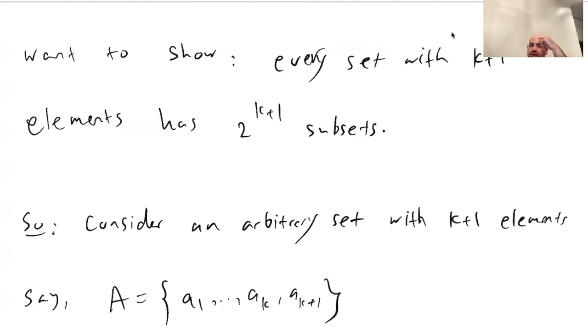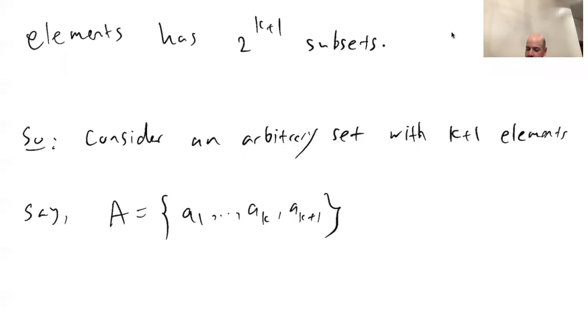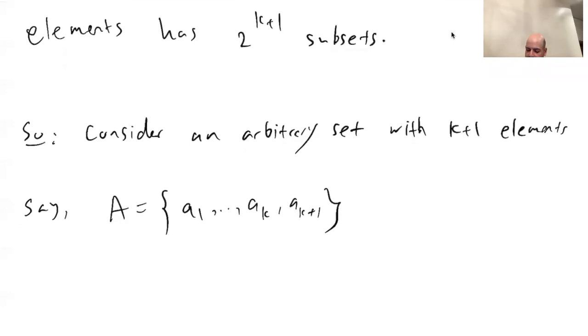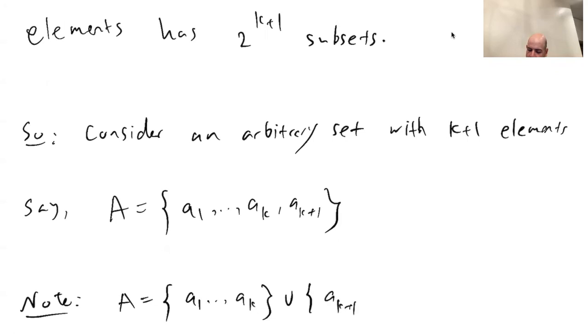So what is the connection? This set with k plus 1 elements, we can write it as, so note A, we can write it as A1 to AK, and then union AK plus 1.